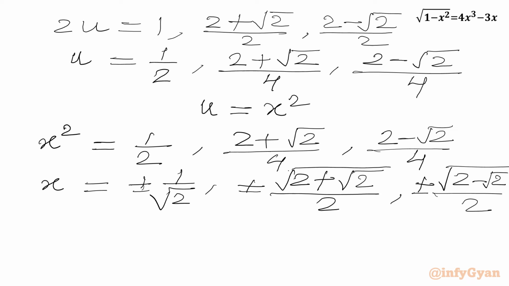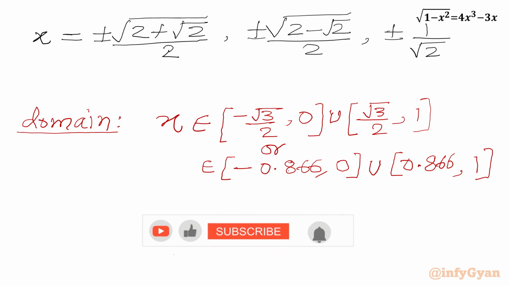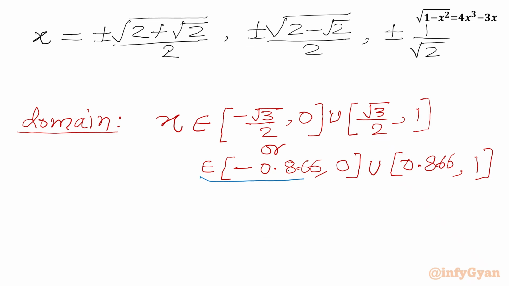Here we have 6 solutions. But as per our domain condition, we have to check which solution we will be accepting and which solution we will be rejecting. So I will write here the solutions and their approximate values first. These are 6 solutions of our radical equation, and here we have the domain which we have calculated already. Now I will find the approximate values of our solutions.